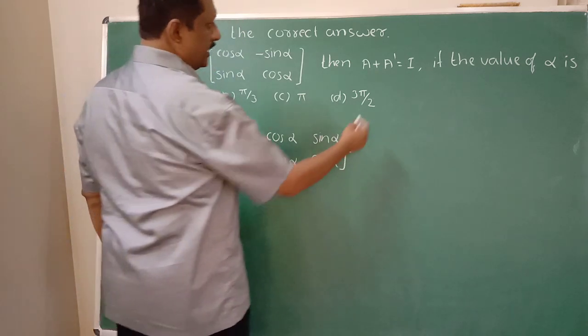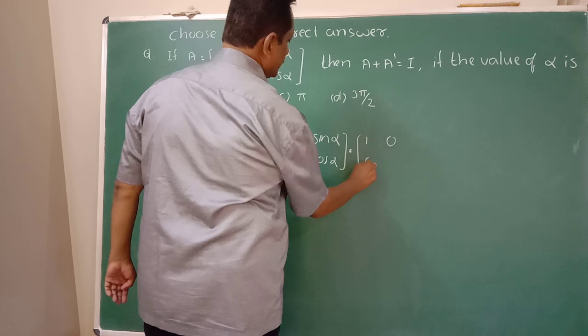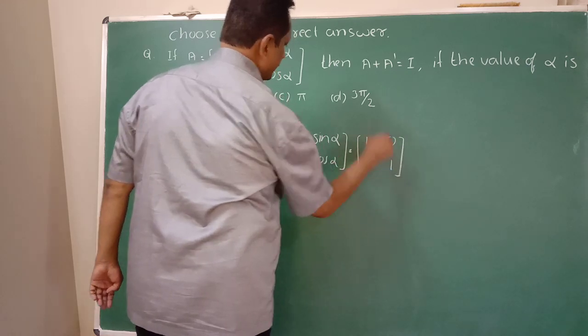That is equal to the identity matrix I. So I is 1 0 0 1 here, the identity matrix.